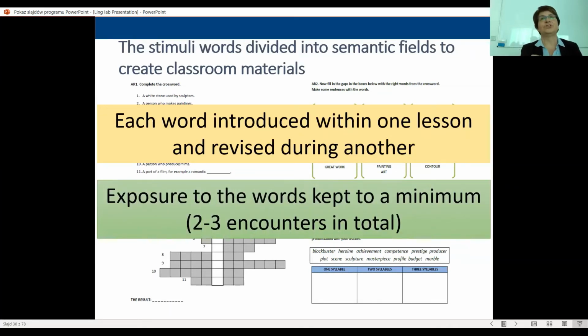The exposure to the words was kept to the minimum, like 2 and up to 3 encounters of the word in total.